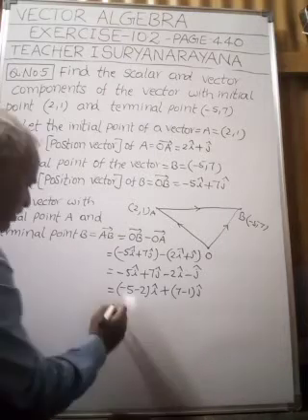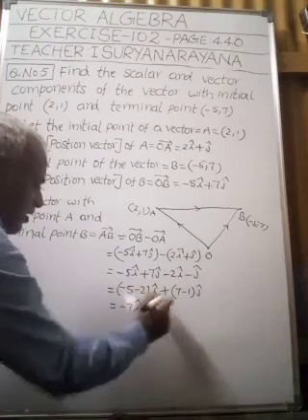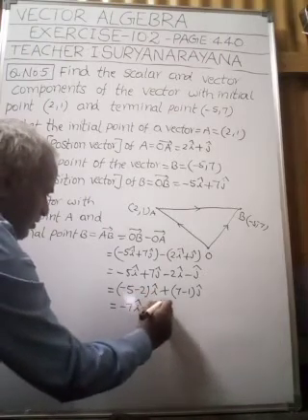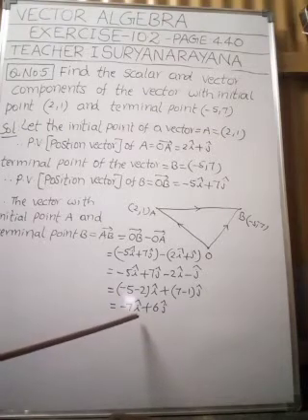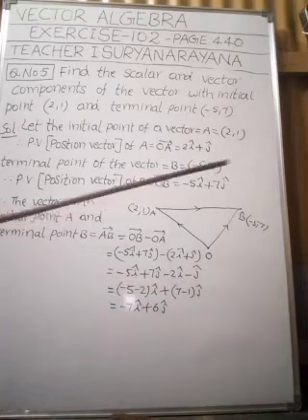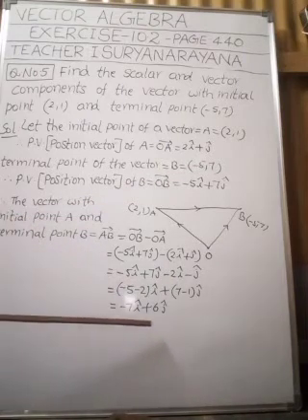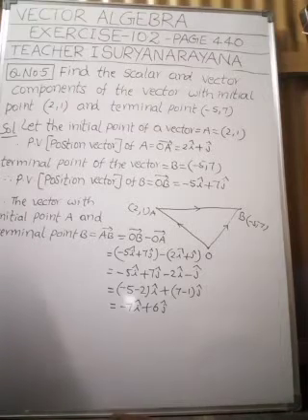Right. This is equal to minus 7i cap plus 6j cap. After simplification, we get the vector minus 7i cap plus 6j cap. We got the vector AB bar in terms of i cap and j cap. Then what are the scalar components?